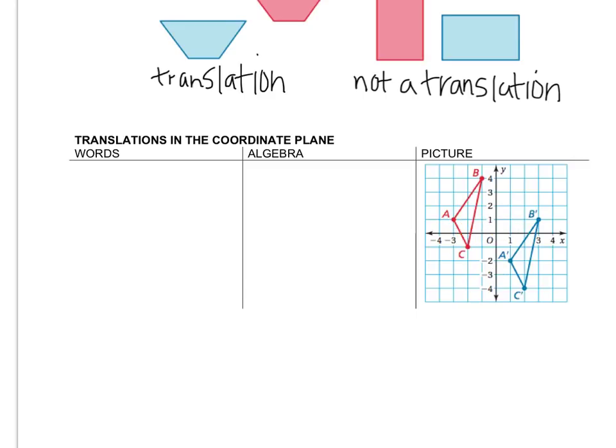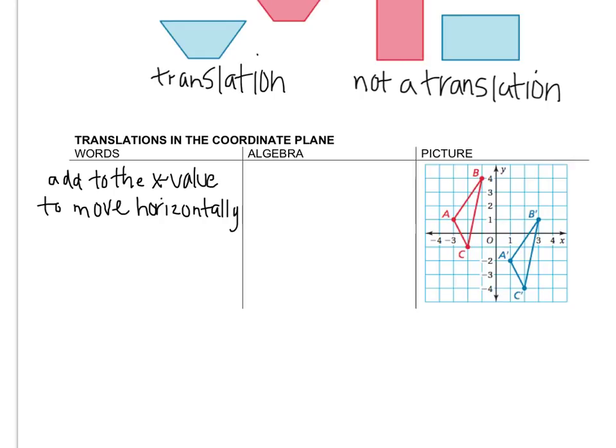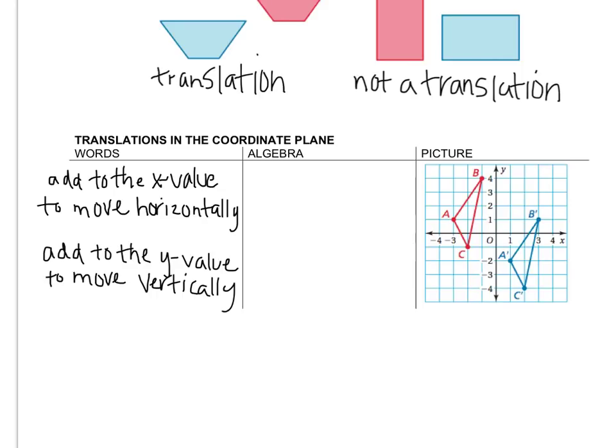But the way that you mathematically move that is you add to the x value in order to move horizontally. And you would add to the y value in order to move vertically. And remember that horizontally goes this way and vertically goes this way, up and down, and horizontal is across.